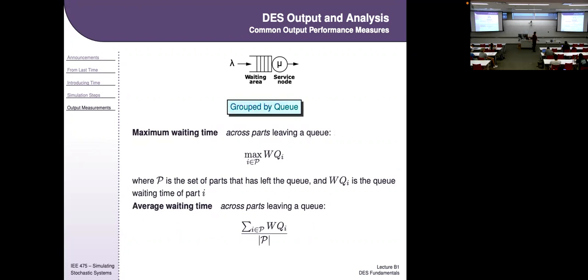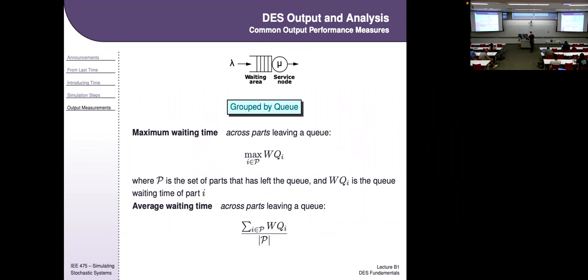The other thing we think about is, what about queues? A lot of times we don't care about the entities, we care about particular choke points in our system, and those might be characterized by the queues. So for this particular server, I had a certain queue associated with it, of all the parts going to that queue.